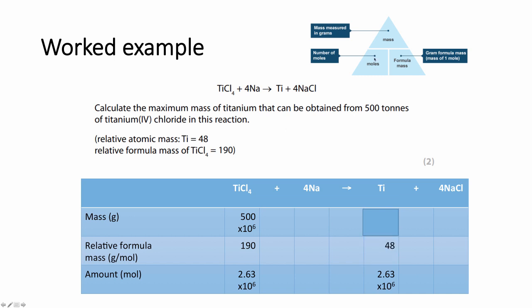What I need to do now is cover mass, and I'm left with amount times formula mass equals the mass. So 48 times 2.63 times 10 to the 6 equals 126 times 10 to the 6 grams, or as we know, a tonne is 1 times 10 to the 6 grams, so if we actually divide it by that, it will be 126 tonnes.